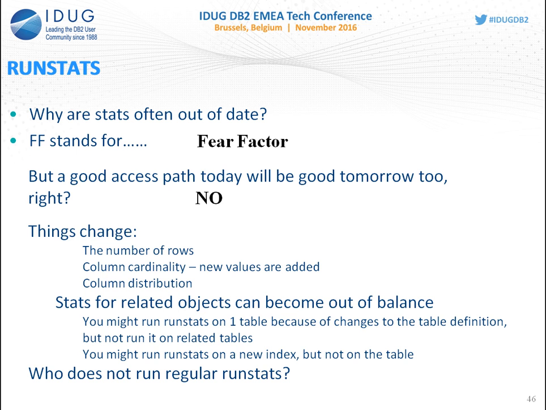I'm not running RUNSTATs on everything, but if I make a table definition change, I'll run RUNSTATs on that one table. I create a new index, I'll run RUNSTATs on the index, but not the table. Well, I wouldn't, but people do. And if you don't run it on everything related, they're out of balance. Both tables were 100 million rows 5 years ago. Today, one of them has 800 million rows and the other one only 200 million rows.